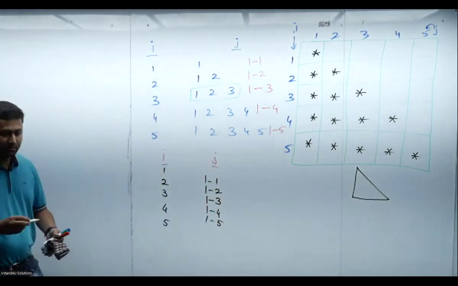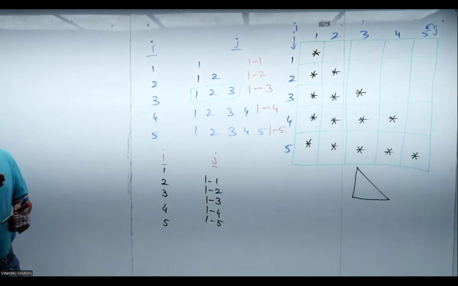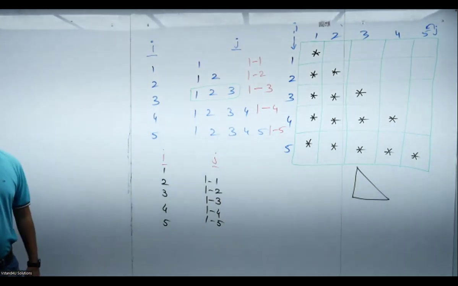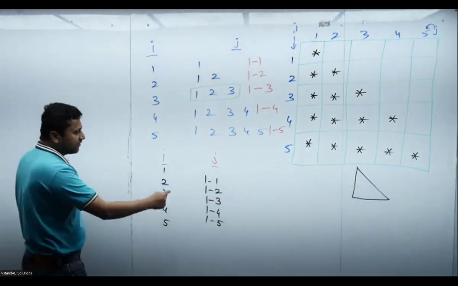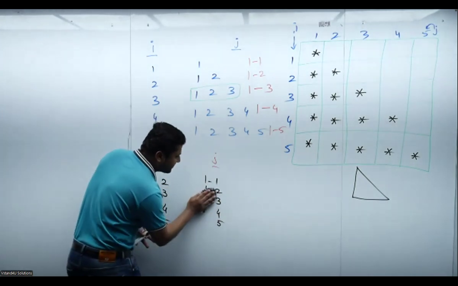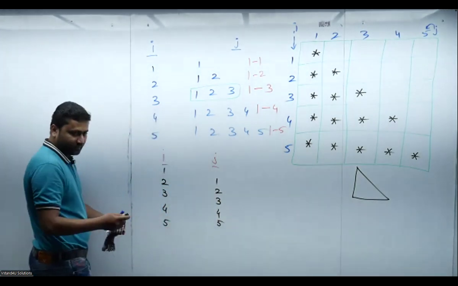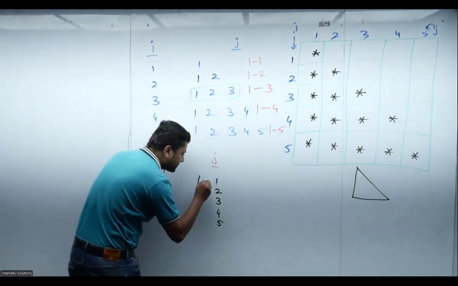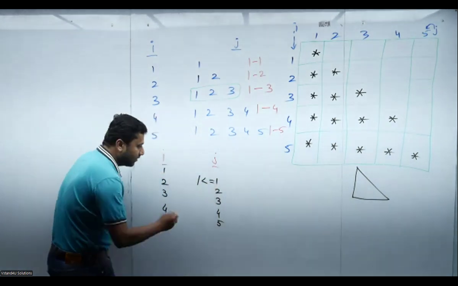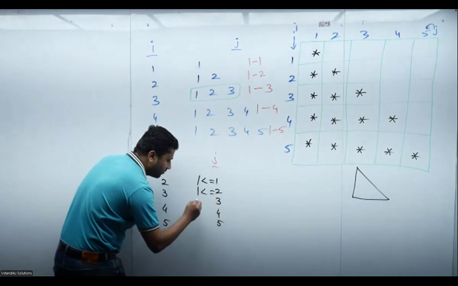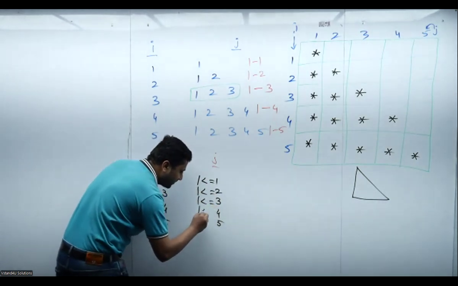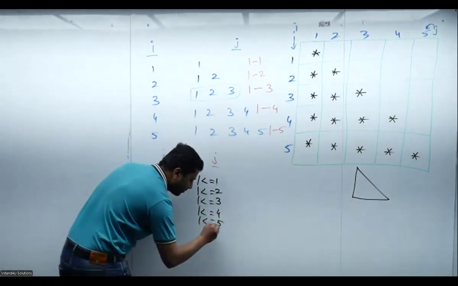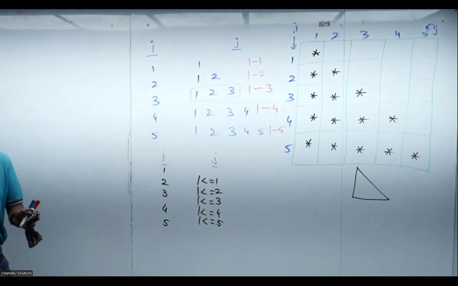Are you with me? Whenever this value is changing, agree? This 1, 2, 1, 2, whatever I wrote, can I simply say, pay attention, 1 is less or equal to 1, 1 is less or equal to 2, 1 is less or equal to 3? Am I right? In this range only it should come.